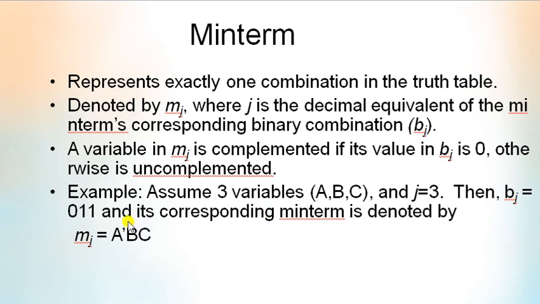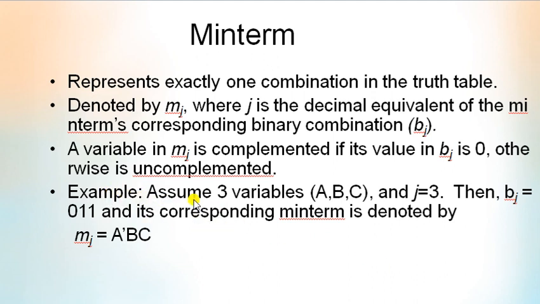So, the minterm will be A dash B dash C dash. A variable in mj is complemented if its value in bj is 0. That is why I said that 0, 0, 0 means A dash, B dash, C dash.